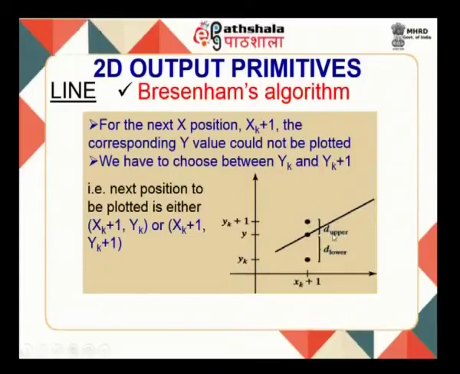In the diagram shown, the upper pixel is closer, as if you compute the distance d upper, d upper is the distance between y and y_k plus 1, and d lower is the distance between y and y_k. Whichever distance is smaller, we will choose the corresponding pixel.